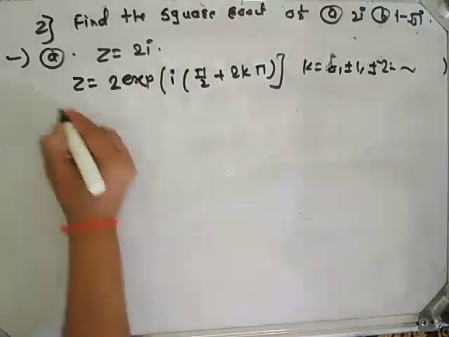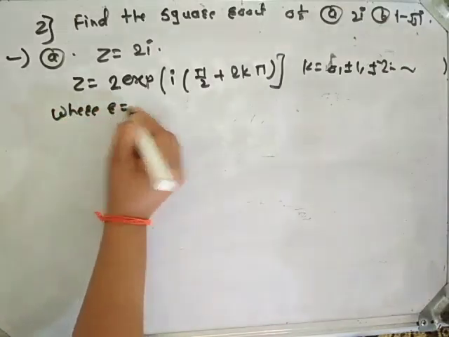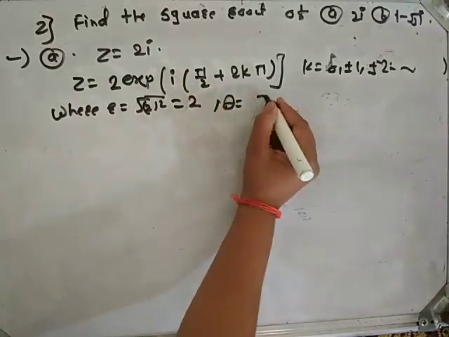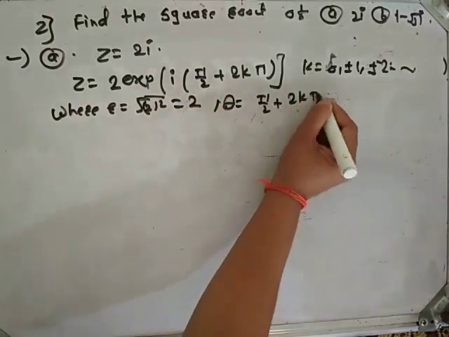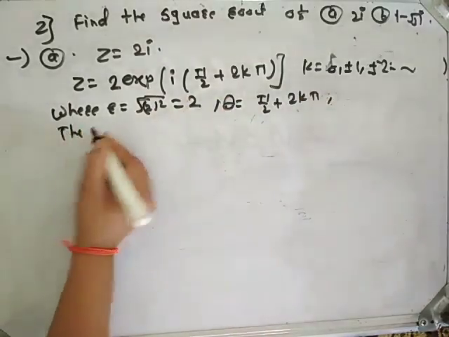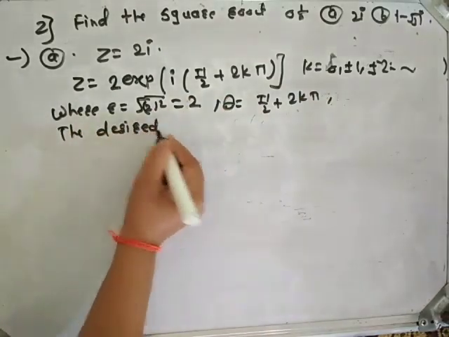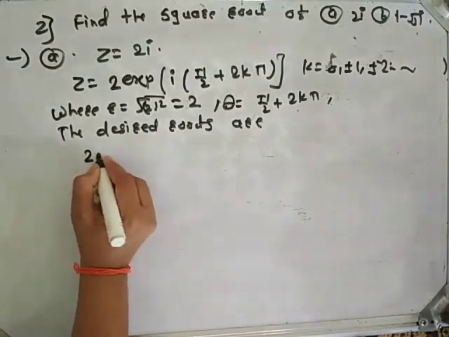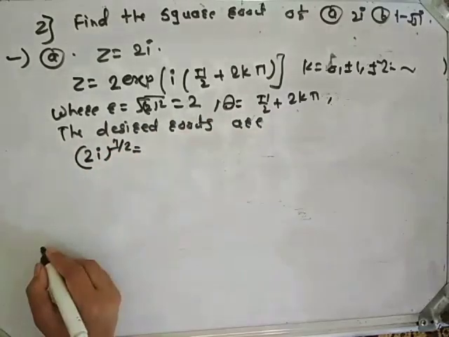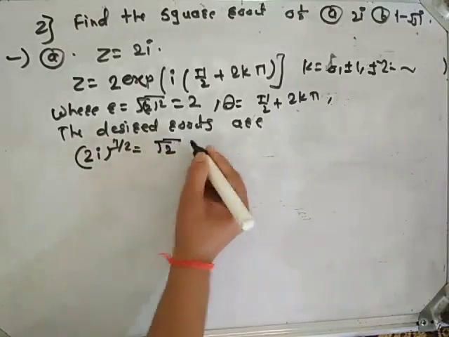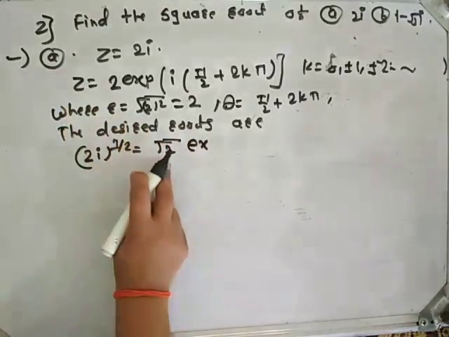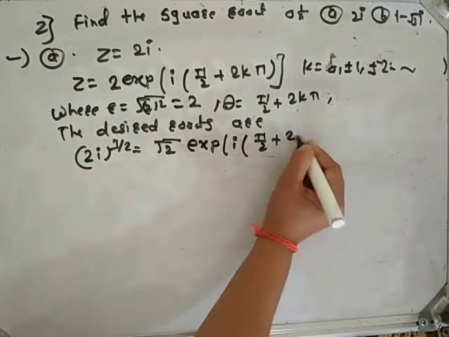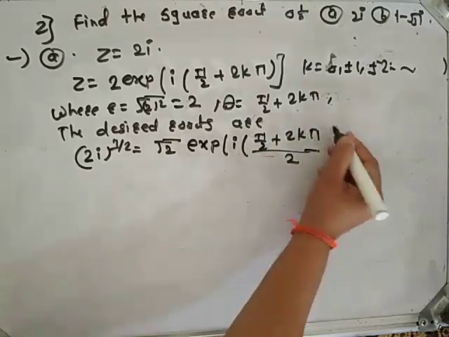Where r is nothing but root of 2 squared, which is 2, and theta is pi by 2 plus 2k pi. The desired roots are 2i raised to 1 by 2. This is nothing but root of r into exponential of i into pi by 2 plus 2k pi upon 2.